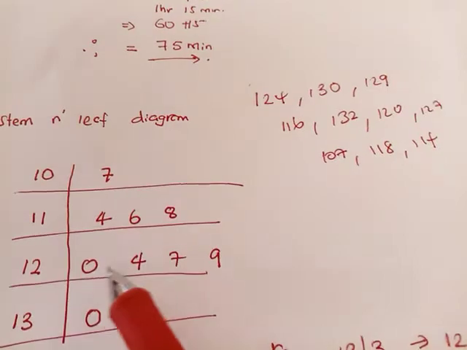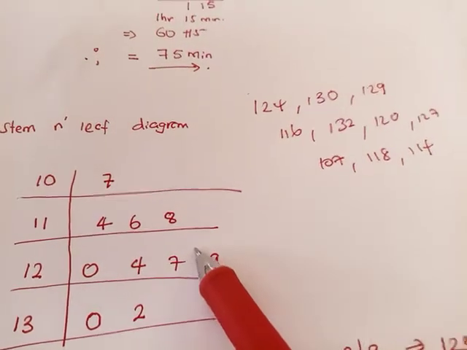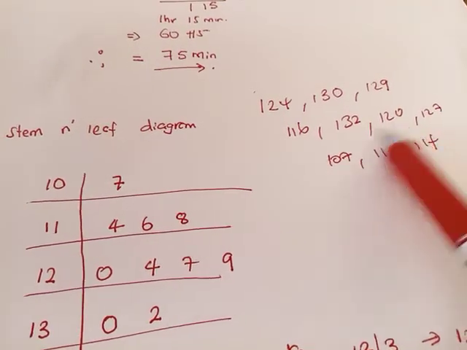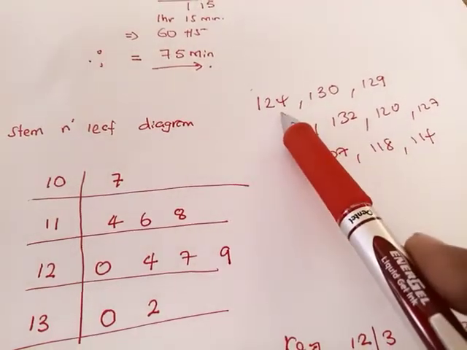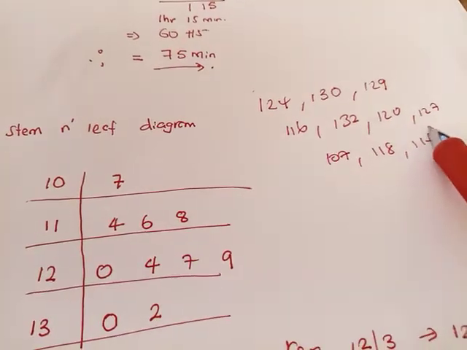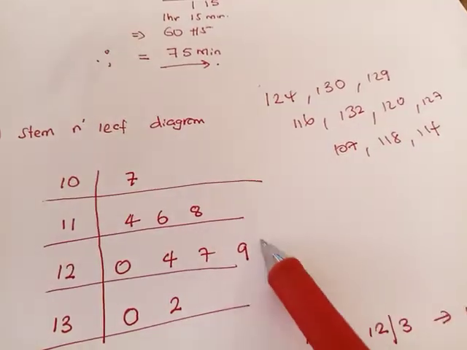Then we have the range of 120 to 129. From the numbers there, we have 120, so 0. Then the next number becomes 124, so you write 4 there. The next is 127, so we put 7 there. And then 129, we put 9 there.